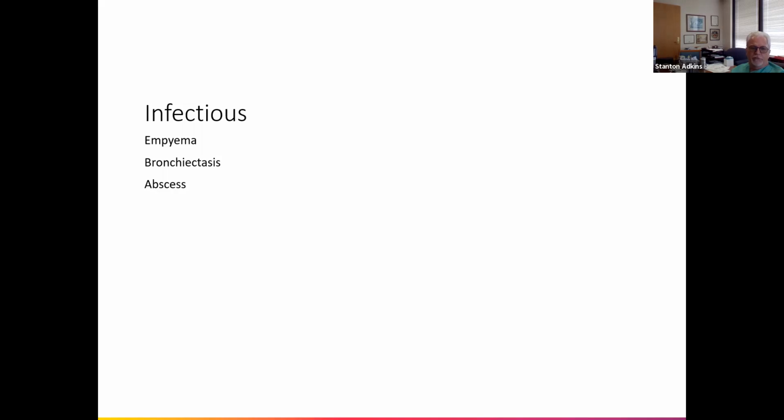Okay, infectious. Empyemas. You've all seen x-rays of folks who have pleural effusions, right? Okay, so a pleural effusion may or may not be an empyema. When we have a pleural effusion, we generally will ask you guys to get an ultrasound.